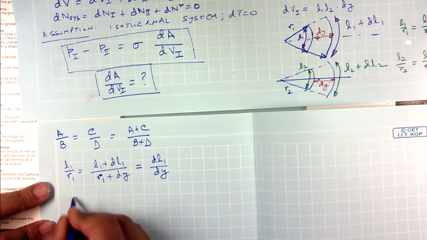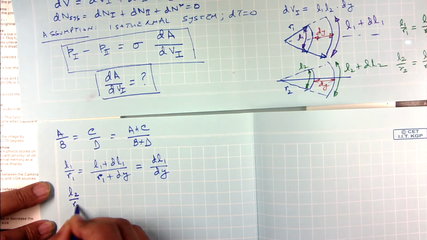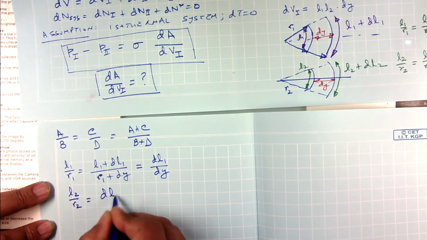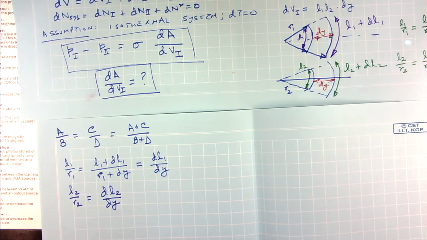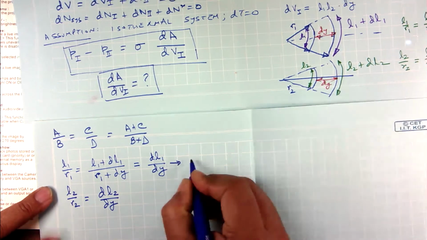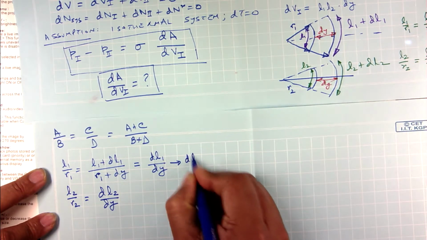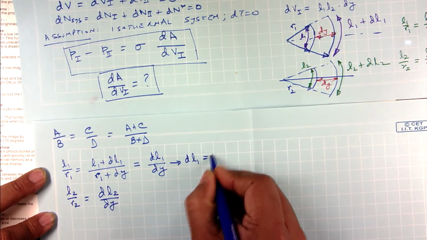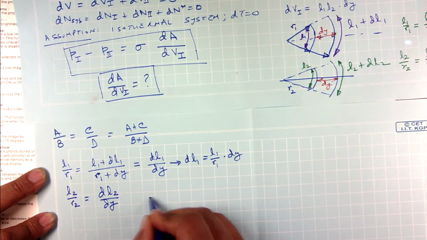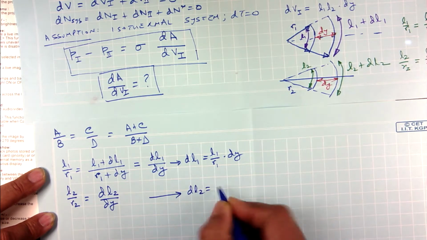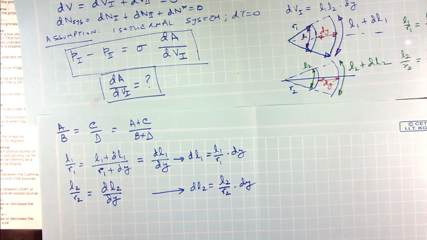Similarly, I can write my L2 by R2 should be equal to dL2 by dy. So, this implies that my dL1 is equal to L1 by R1 times dy, and this implies my dL2 is equal to L2 by R2 times dy.